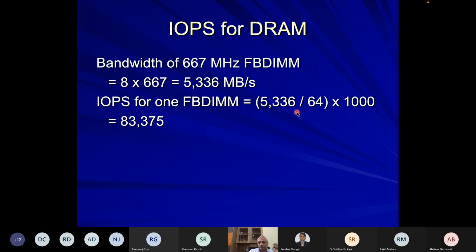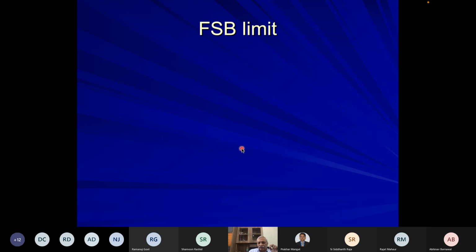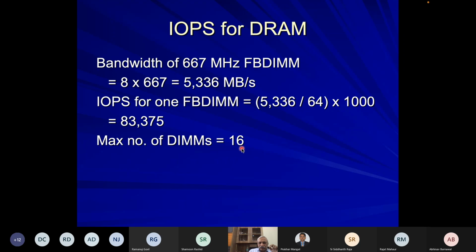So it's 83,375. The maximum number of DIMMs could be 16, so you can actually have 2 times this. This was for 8, so you can have 2 times this.